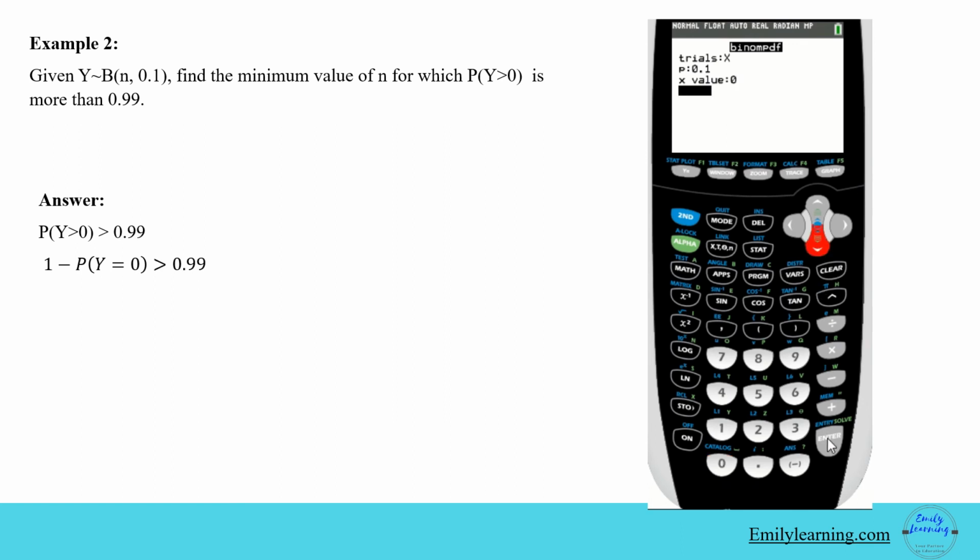Now I go to paste, press enter, then go to the table and slowly go through these values of n such that the probability is greater than 0.99. So we'll scroll down slowly until we reach a value that is more than 0.99.